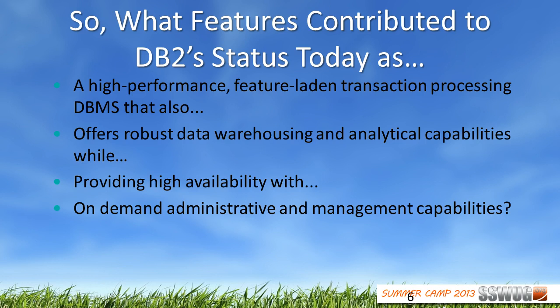But over the years, as new features and functionality became part of DB2, it turned into a high-performance, feature-laden OLTP DBMS, but also capable of delivering data warehousing and analytical capabilities, all with high availability and advanced administrative and management capabilities.